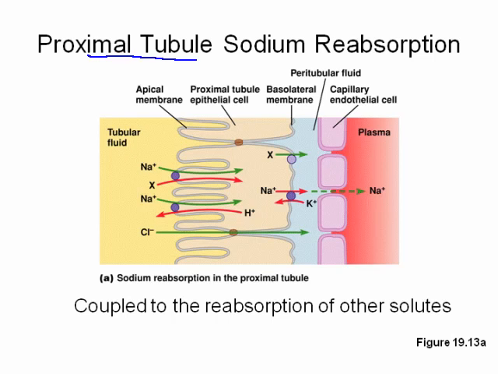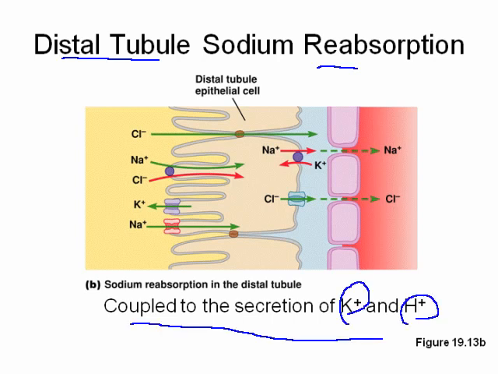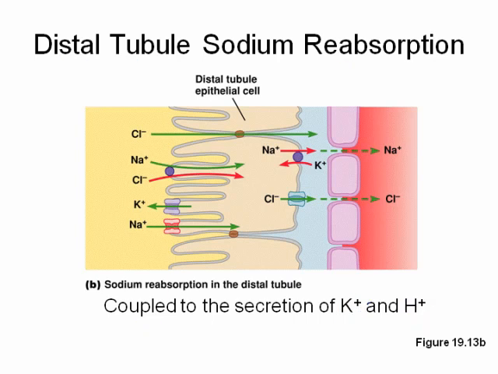Now this is, of course, in the proximal tubule. In the distal tubule, sodium reabsorption is coupled to the secretion of potassium and hydrogen ion. So we have the secretion of potassium, and we have, though it's not actually shown here, the secretion of hydrogen ion.